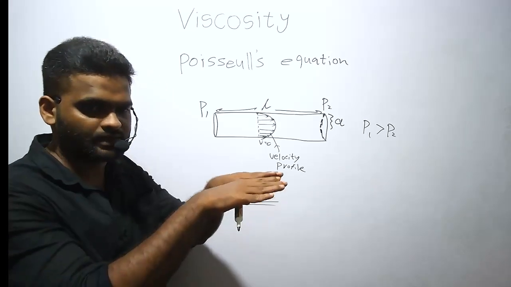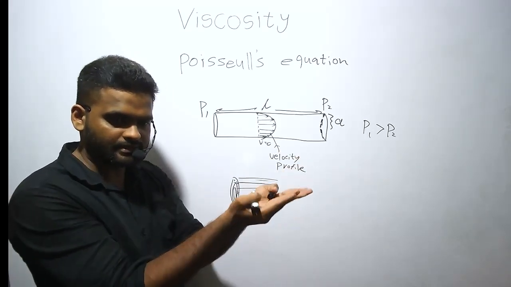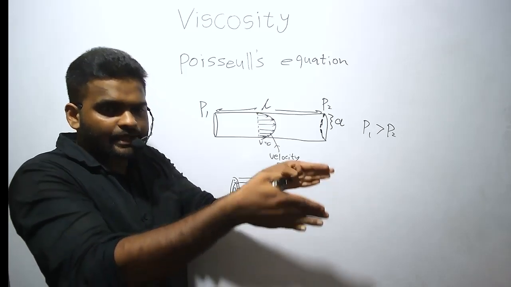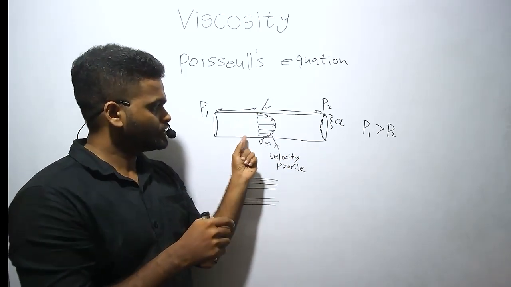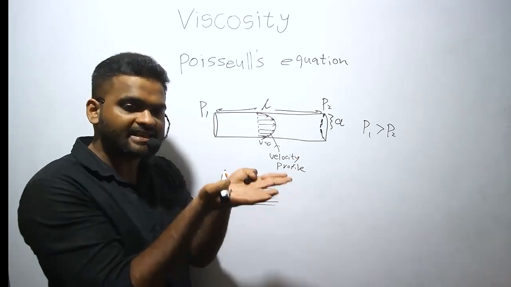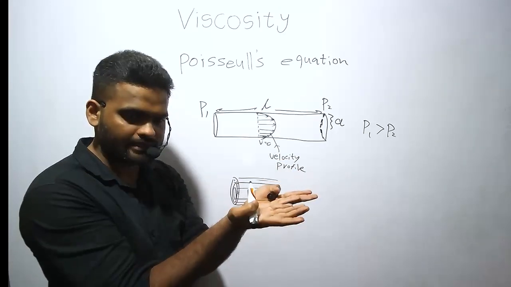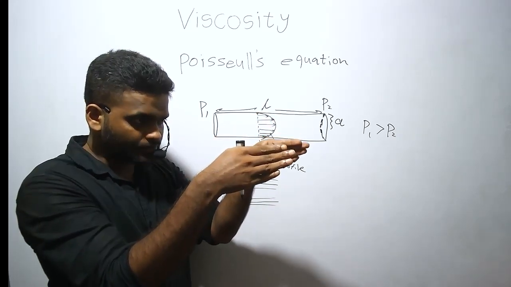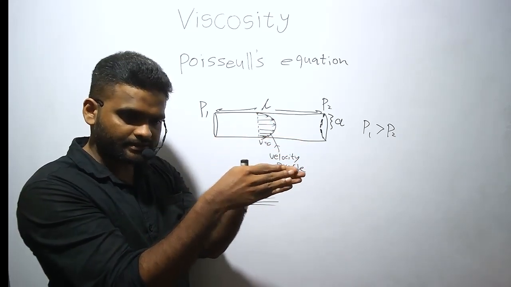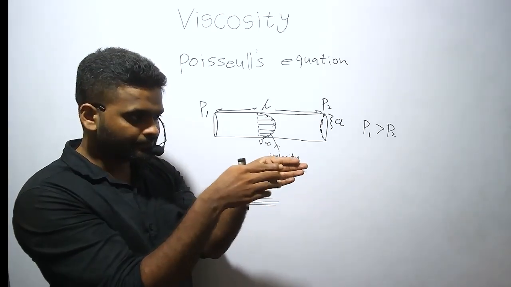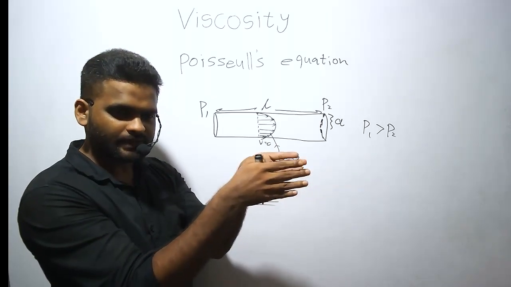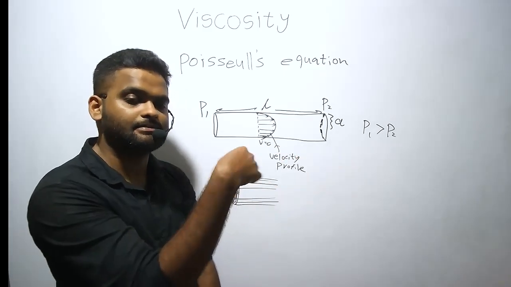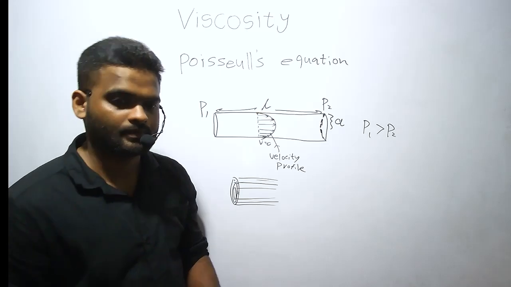There's a liquid layer in contact with the tube, and that liquid layer has 0 velocity, around the tube with the inner walls. As you gradually go towards the center, towards the axis of the tube, the velocities of layers increase, and the layer along the axis has the maximum speed.